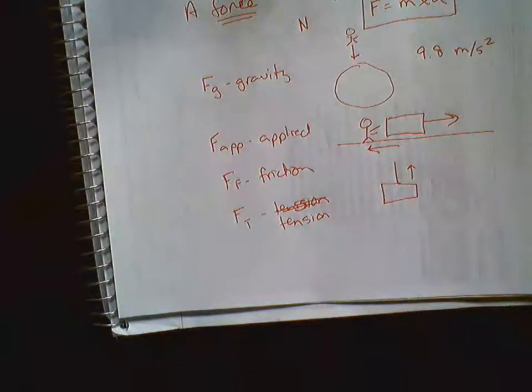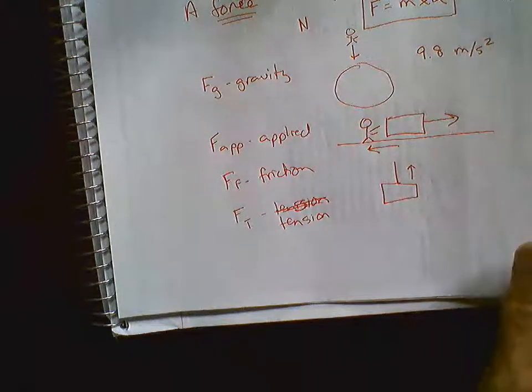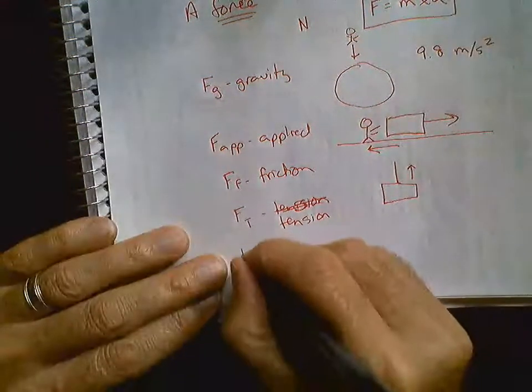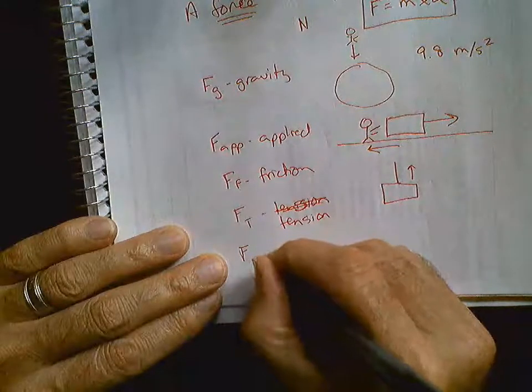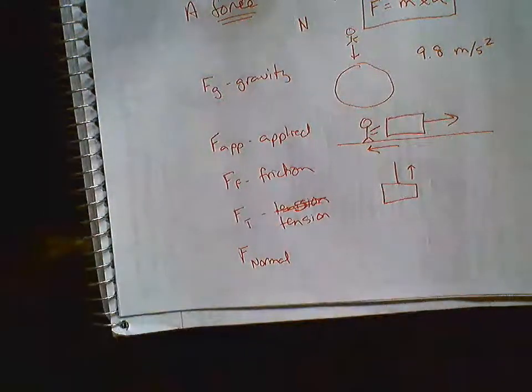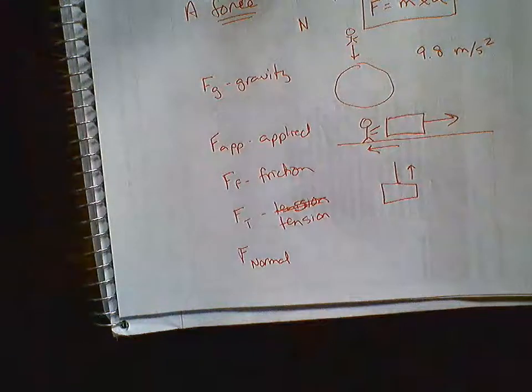But the one that people have the hardest time understanding is what's called a normal force. So for every action, there's an opposite and equal reaction. I think everybody can understand gravitational force pulling us towards Earth, or an applied force when we push on a box, or a force of friction or tension.